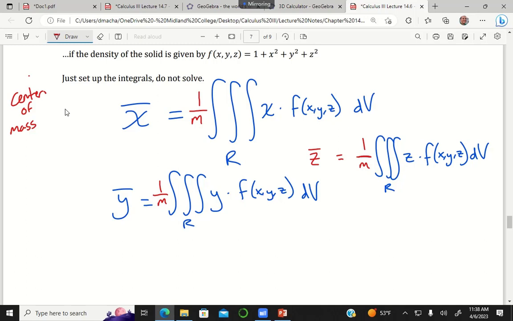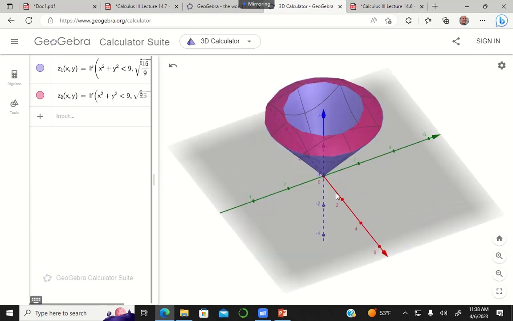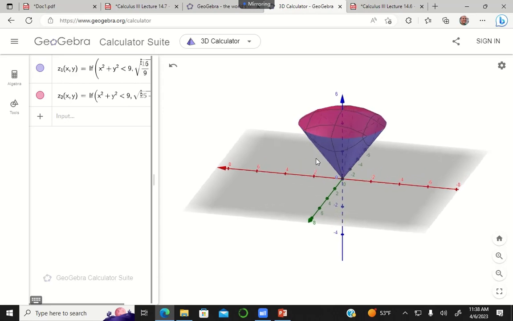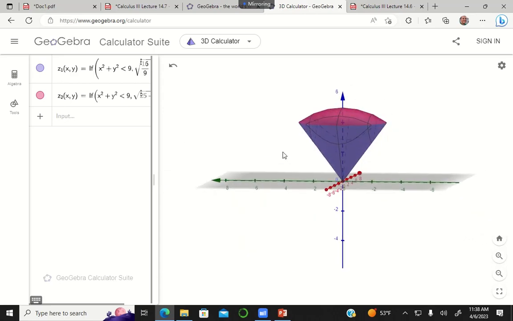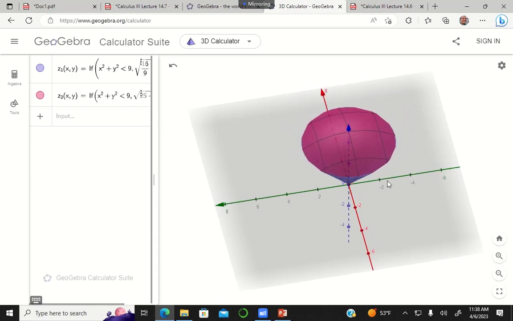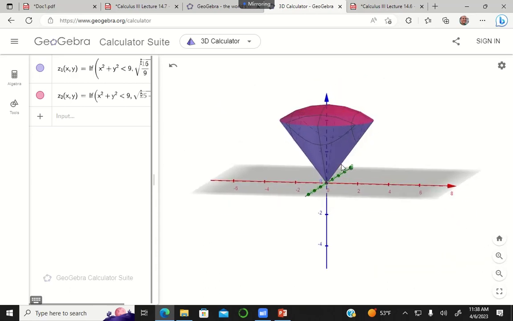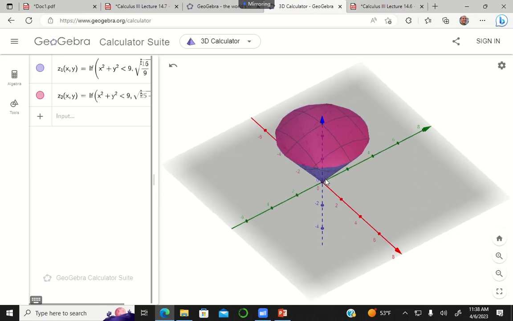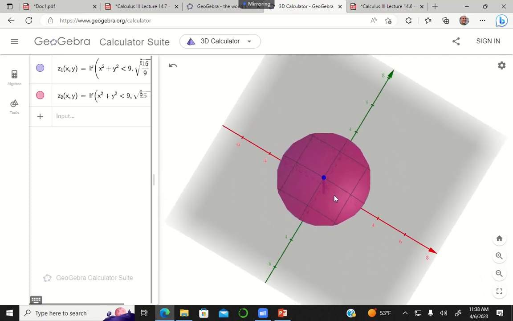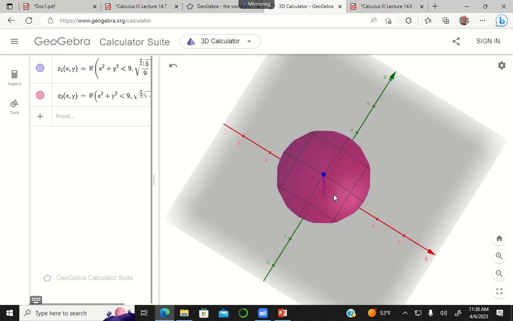Okay, so we're talking about the same shape in this new example. We're just trying to find the center of mass now, not just the volume. If you were thinking about this shape, and I tell you that this has uniform density, so there's not any side that's more dense or less dense, not a side that's heavier per unit volume, then you know that the center of mass has to lie along the z-axis, because there's no reason that it would lie more in the x direction or more in the y direction, or more in the negative x direction or more in the negative y direction, right?